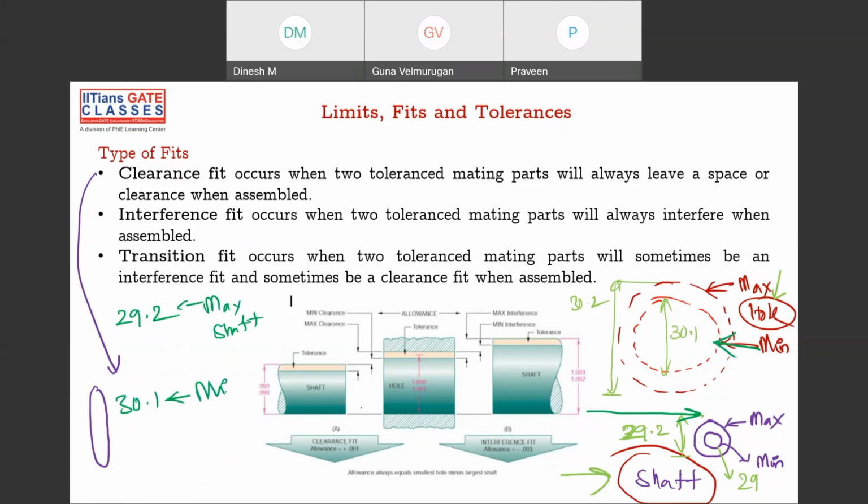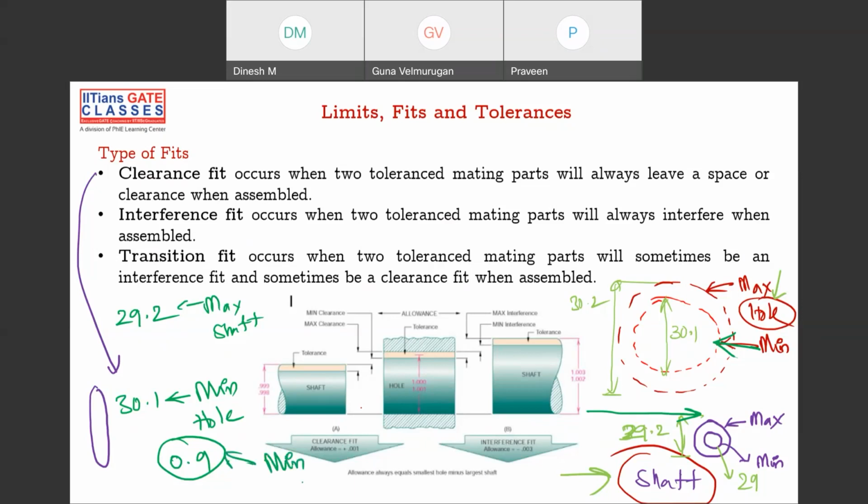The difference between these two is 0.9, isn't it? And that 0.9 is the minimum clearance. This 0.9 is the minimum clearance. Is it clear or not?